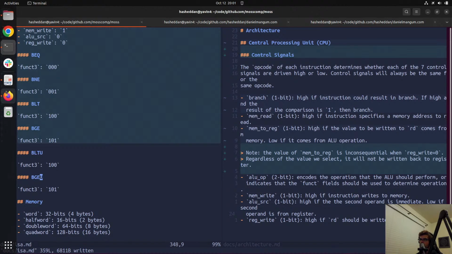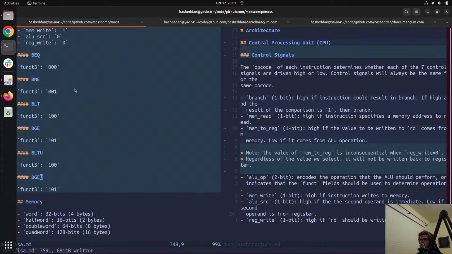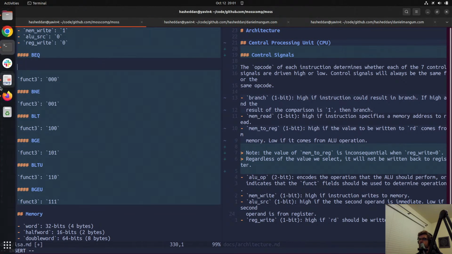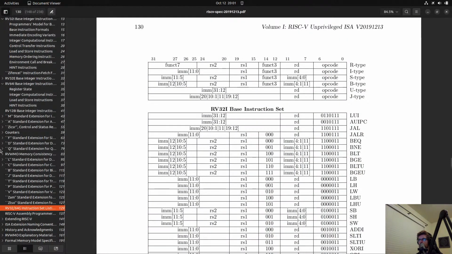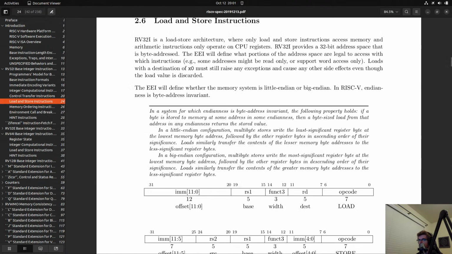And those are 110, 111. All right, I'm going to get these completed and then probably call it a day.